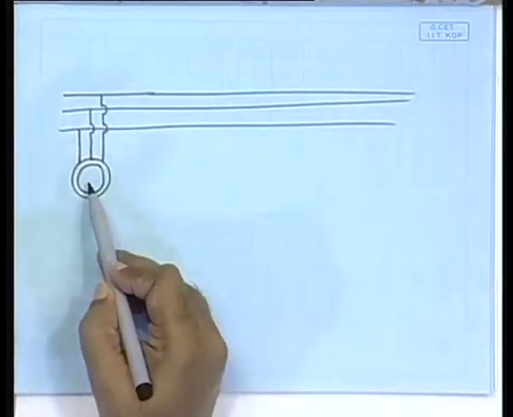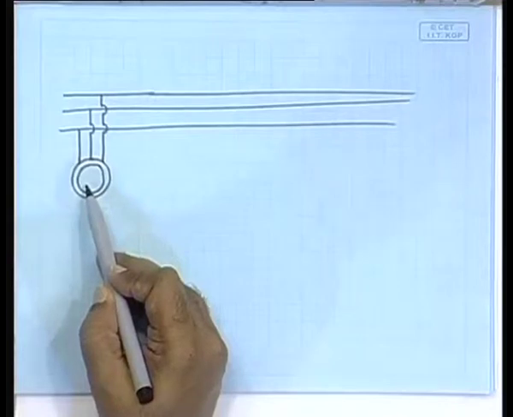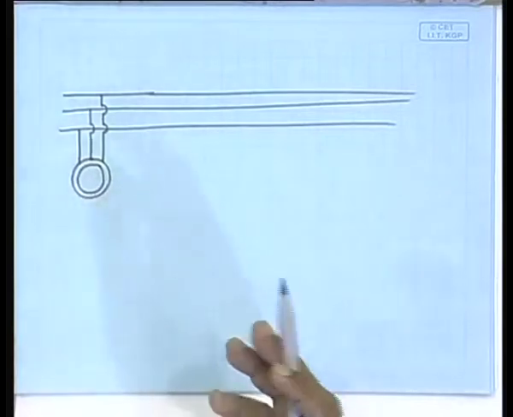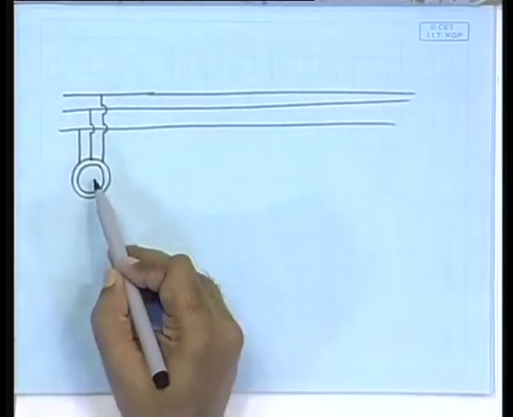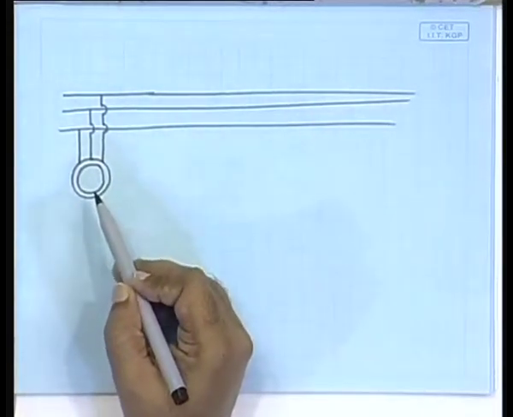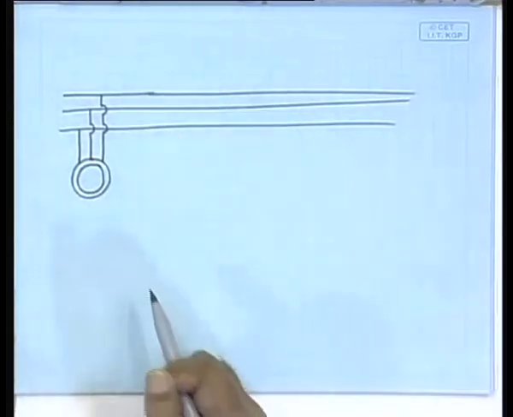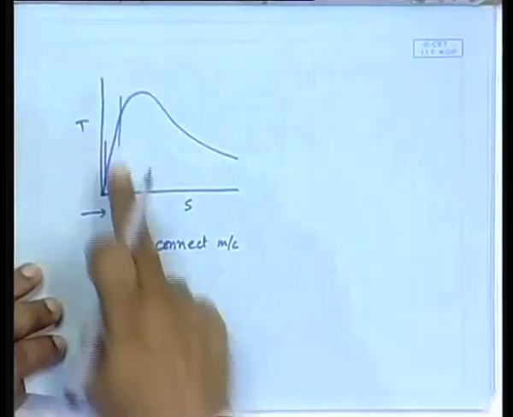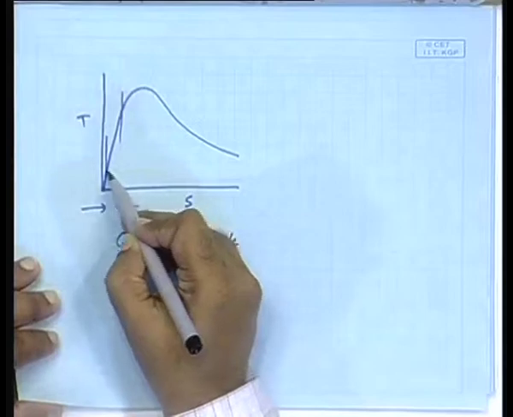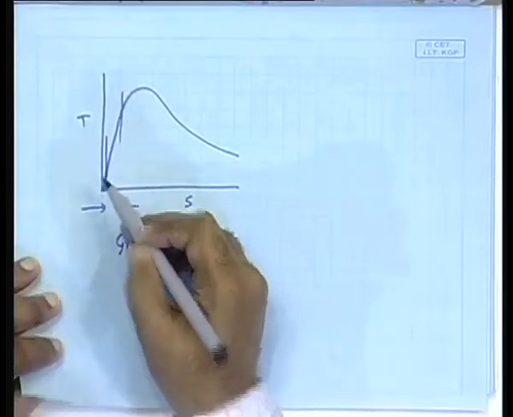If you increase the speed any further, what will happen? Firstly, the machine will overheat, because a large amount of current will flow. The machine may burn. Number two, this problem will set in, that you cannot vary the speed beyond a certain range.